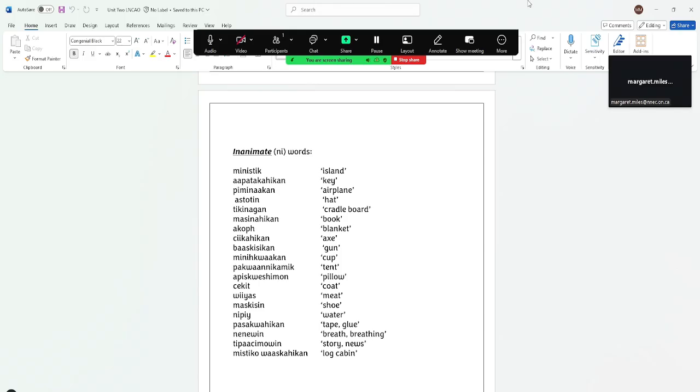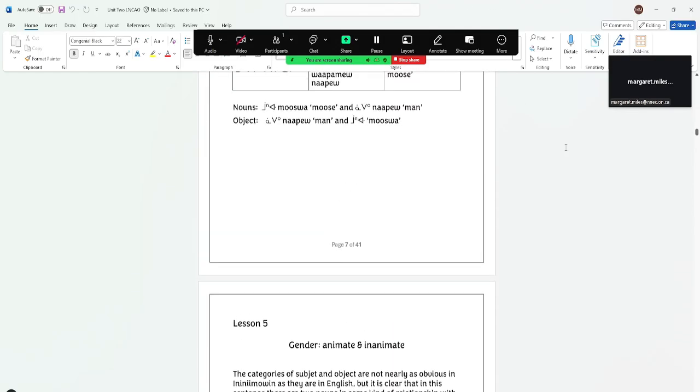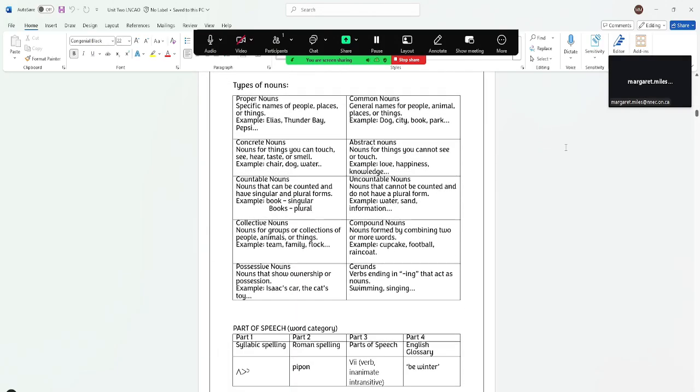So types of nouns. Person, animal, spirit, place, thing, idea. Types of nouns. So first, we said proper nouns. People, places, or things.